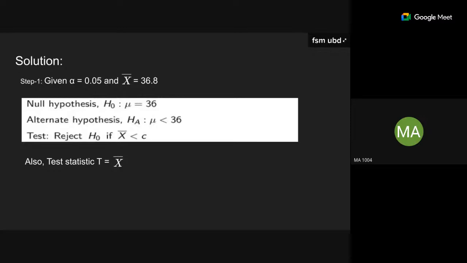We are going to reject H0 if my X bar, the test statistic, is less than some critical value C. X bar is given to be 36.4. Now the test statistic is X bar, and I am going to compute my critical value.